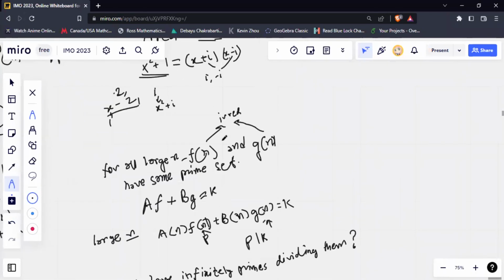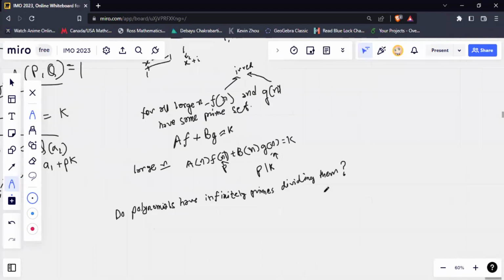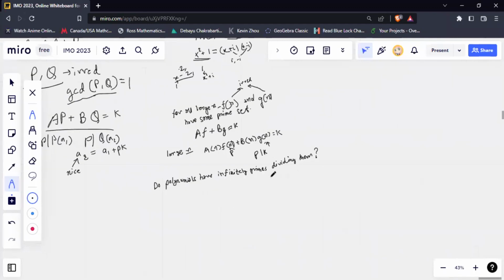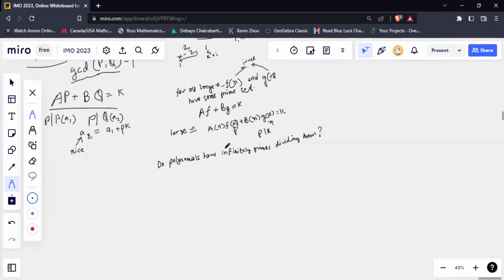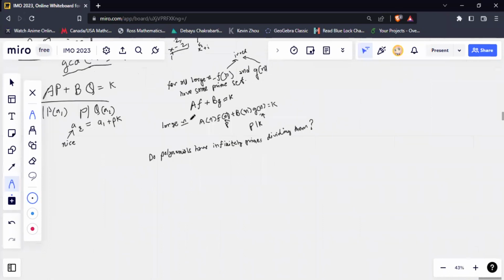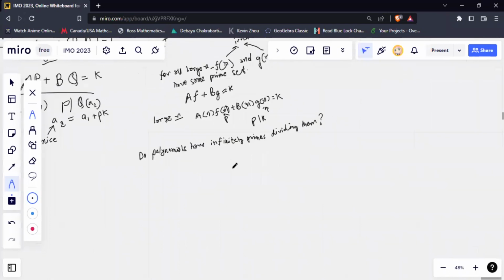And then we weakened our condition to this, that they have the same prime set for individual inputs. And now we have this question. This is traumatic, but yet nice.